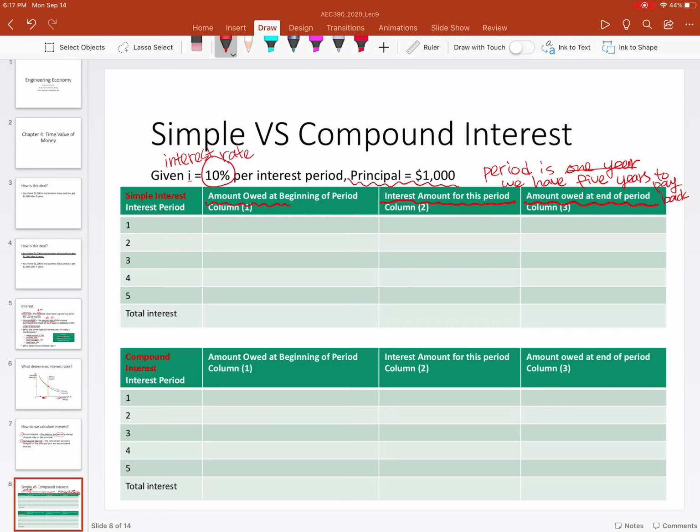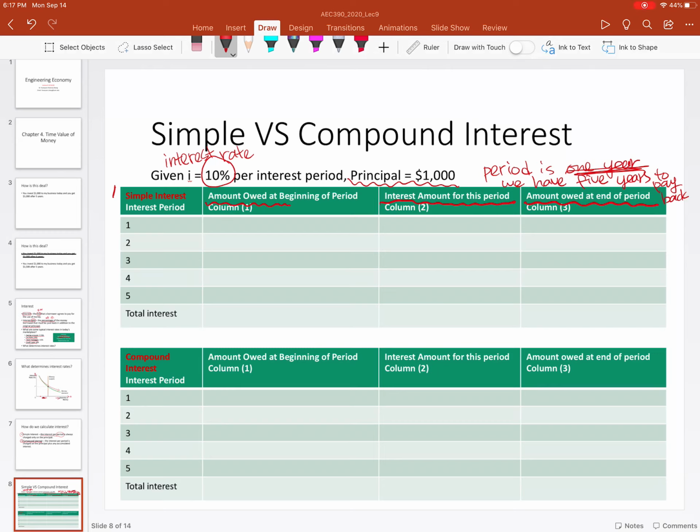We say every year. So every year, the bank will calculate the interest. Alright, now we have the two tables. The first table uses the simple interest method, where we assume the bank says, hey, we just use the simple interest type.